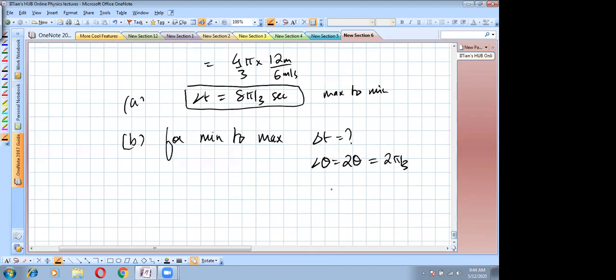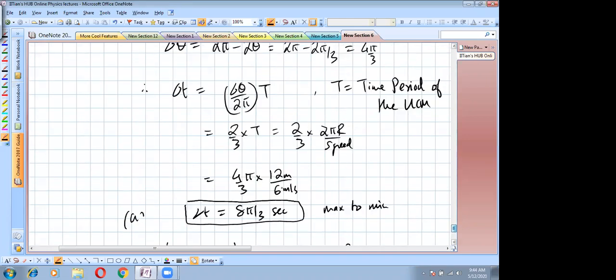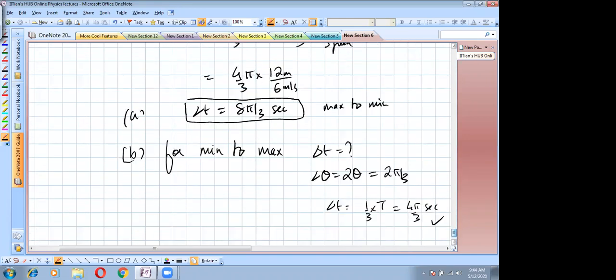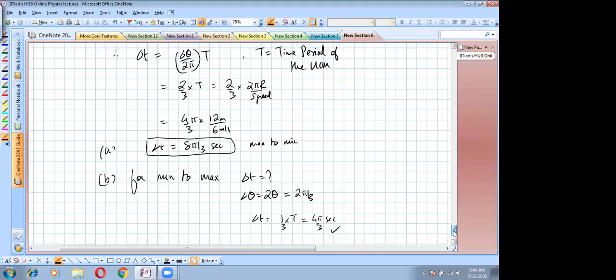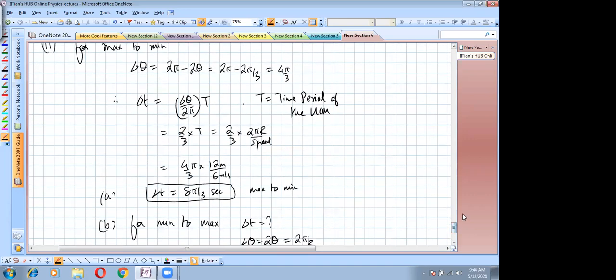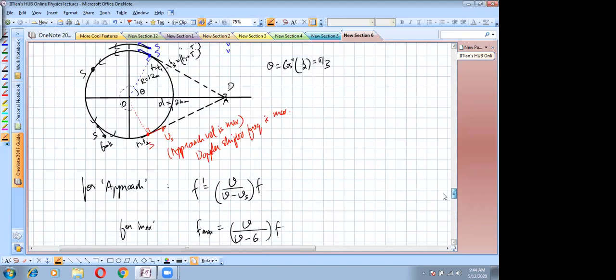So the time is 1/3 of one time period. Because this was 2/3 of one time period, this is 1/3 time period. Also you have to calculate the time taken to go from maximum frequency to the original frequency. So first I'll just take you to the diagram so that you understand that again.